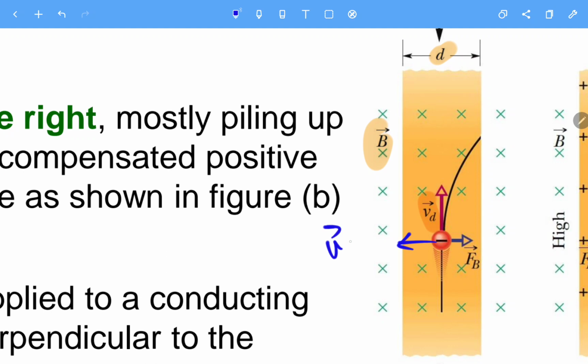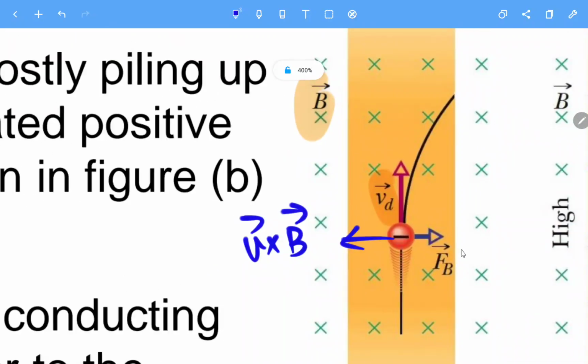This is V cross B, pointing to the left side. Since this is a negative charge, FB points to the opposite side, which means FB points to the right side. So interesting things start to happen.